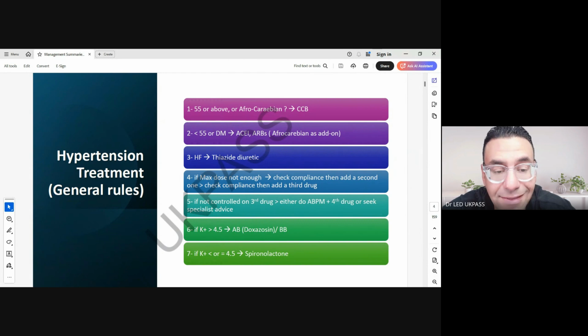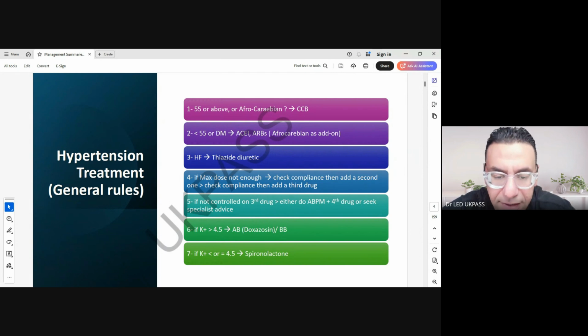If yes, then increase the dose before shifting into the following one. So before adding another medication, you need to actually reach the maximum strength of the medication that the patient is on, if that hasn't been done. I hope this is clear.